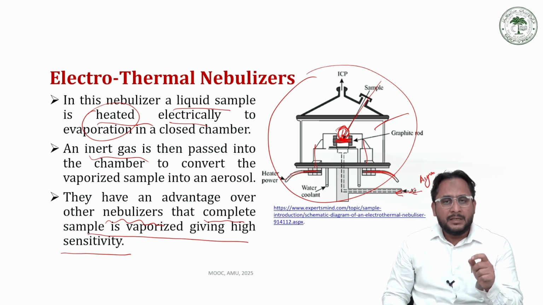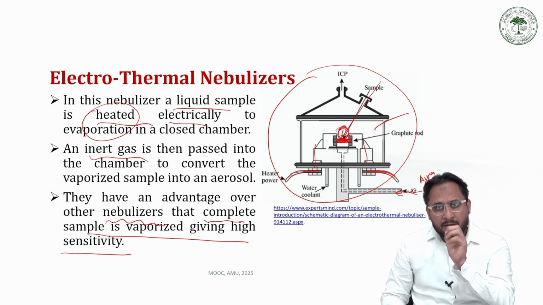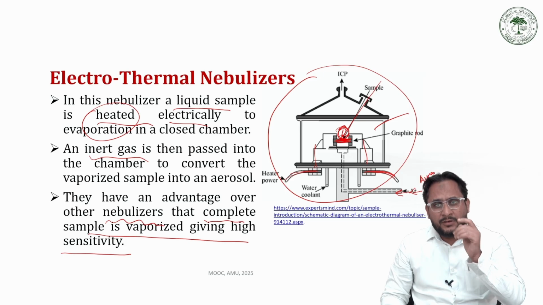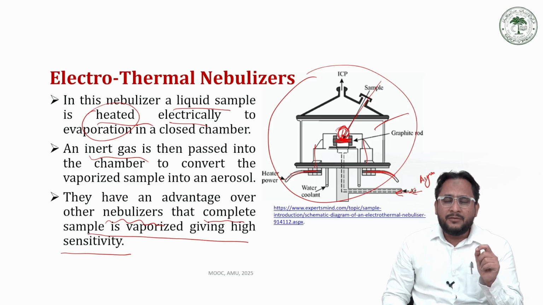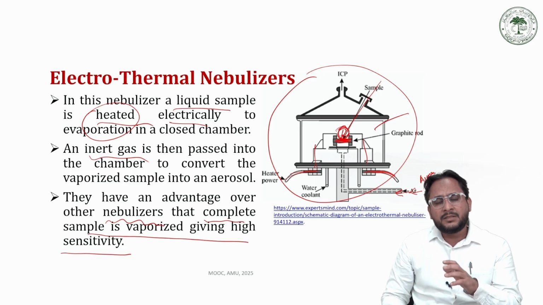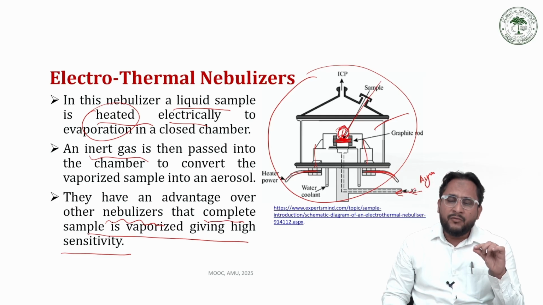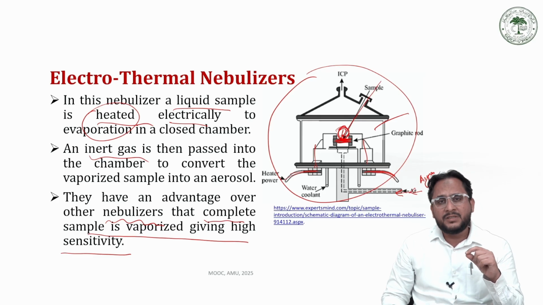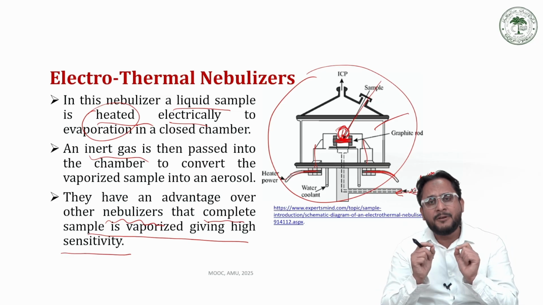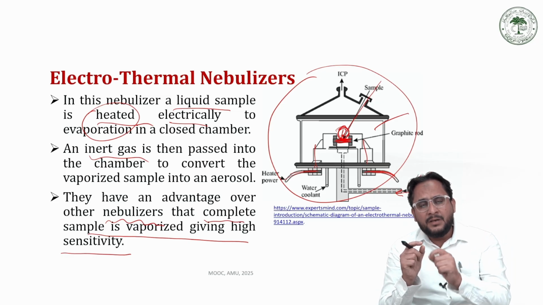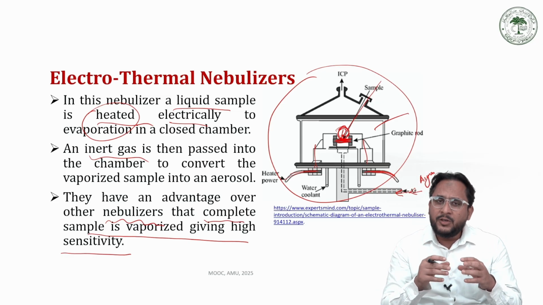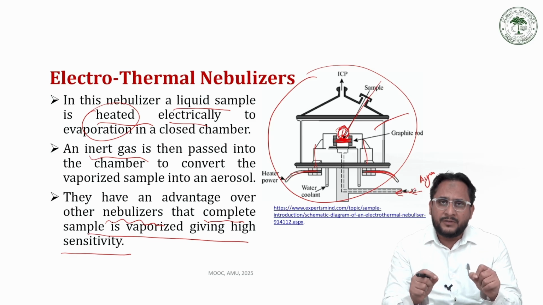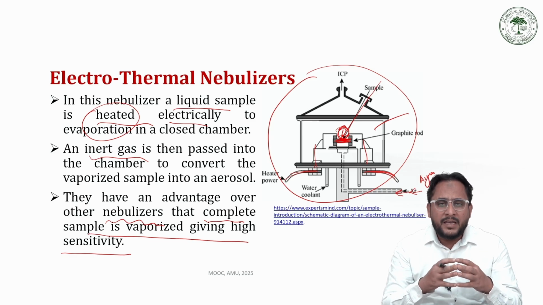So for such a precious sample it is advisable to go for electrothermal nebulizers, because they require very small volumes of the sample and they completely vaporize the sample present in that small volume without any loss, resulting in high efficiency.